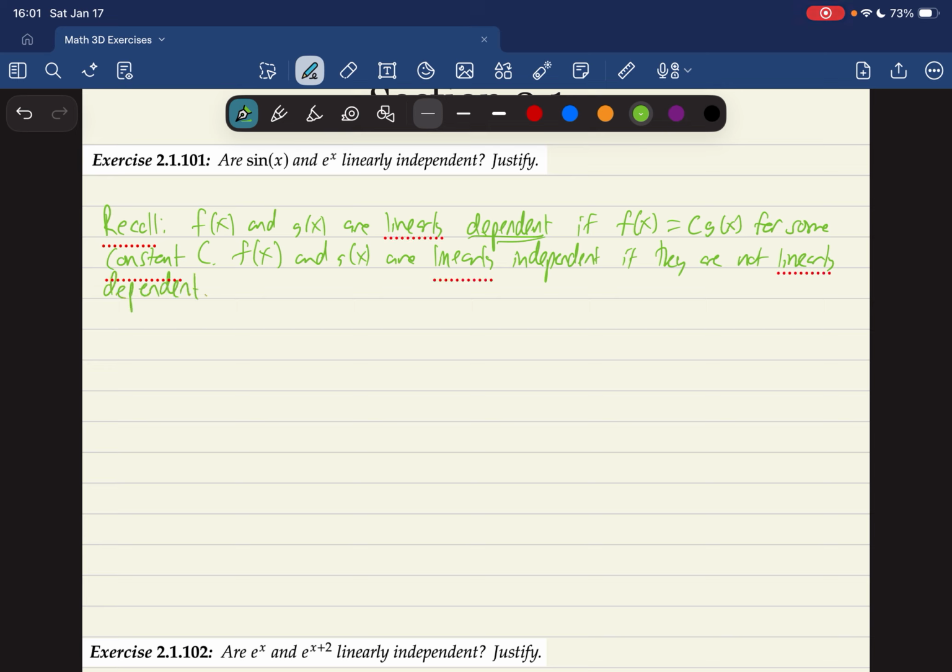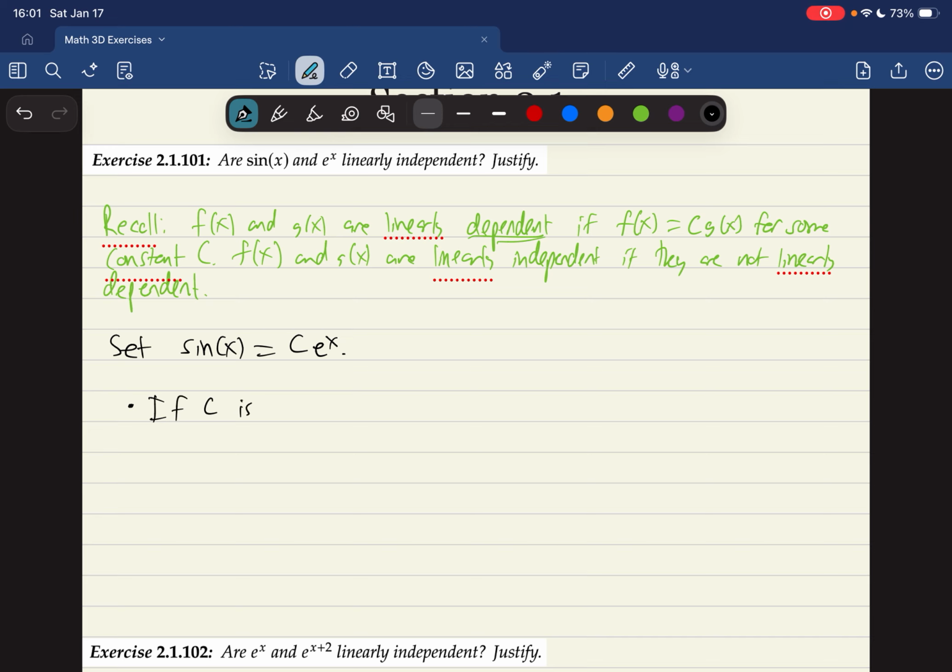And so what does this mean for determining linear independence? What we can do is set sine of x equal to some constant c times e to the x. And there's going to be two possibilities.